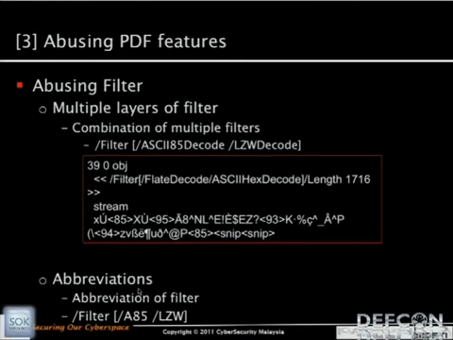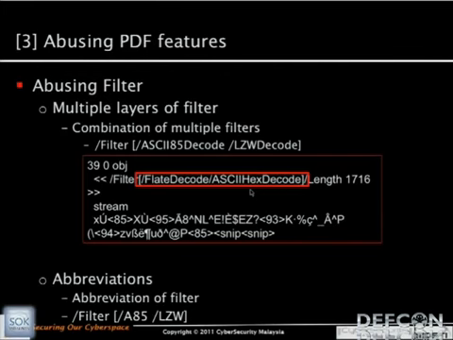And then you can also abuse the filter by implementing multiple layers of filters. For example, you combine ASCII85Decode with LZWDecode. There is no limit for you to play around with it, so you can add multiple filters. For example, this one implements FlateDecode and then does ASCIIHexDecode later on.